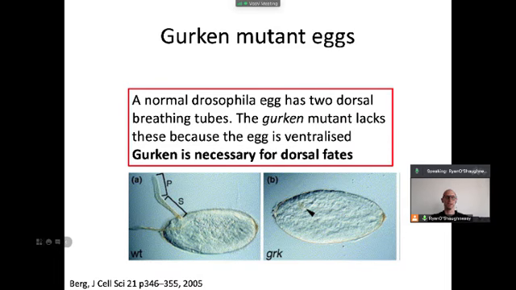Gurken ventralizes our egg, and the Gurken mutant has no Gurken mRNA, so because it can't determine dorsal ventral fate, the egg and hence the embryo becomes ventralized. So we can see here that we don't have those dorsal breathing tubes.